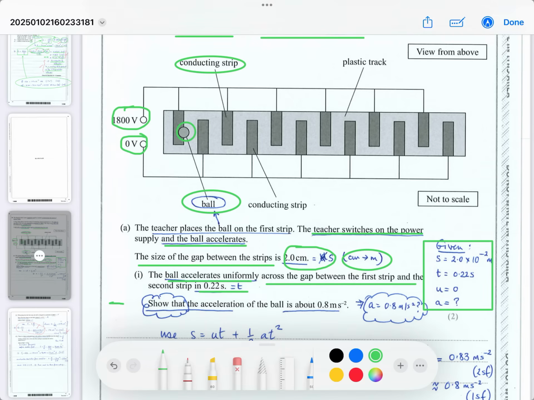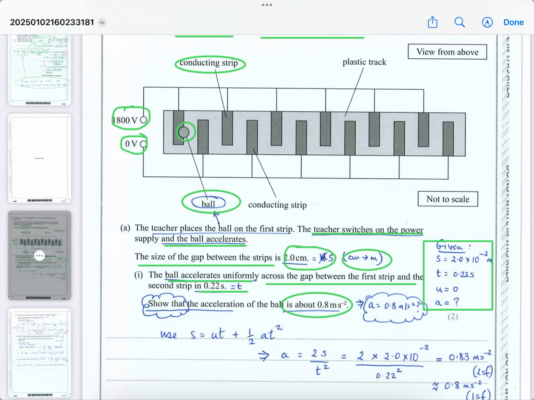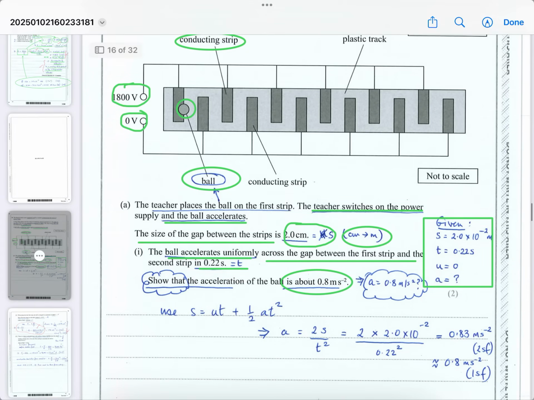They want you to show, using a constant acceleration formula, s equals ut plus half at squared, that the ball's acceleration should come out to roughly 0.8 meters per second squared. Okay, so this is a good revision of mechanics.